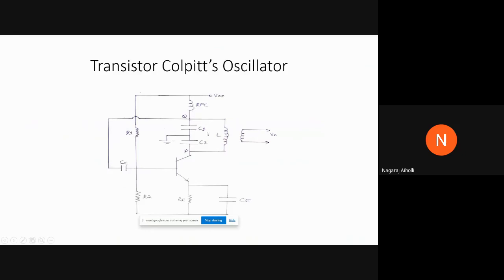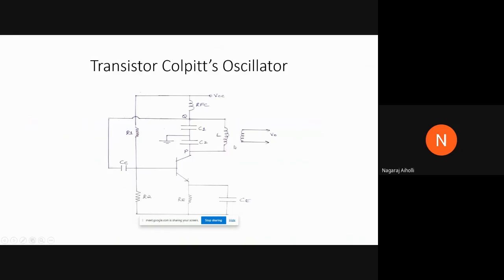There are C1, C2 and the inductance present in the tank circuit, and the load is connected through a transformer at the other end of the tank circuit.